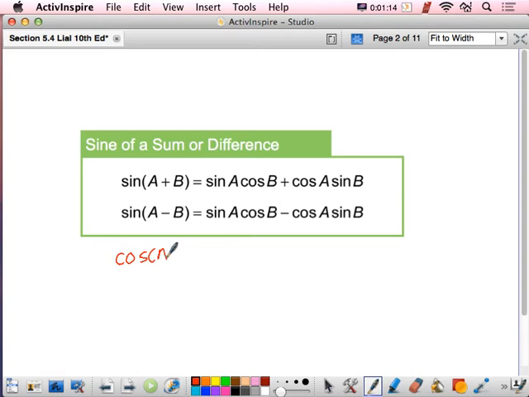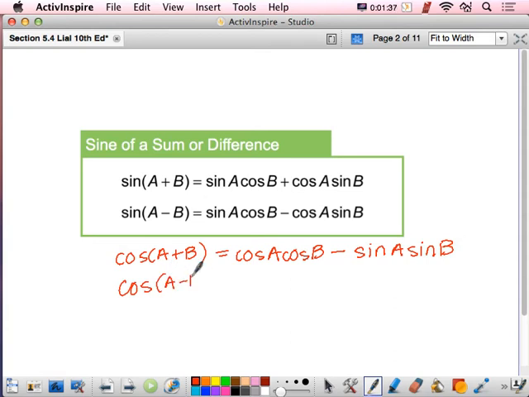Cosine of A plus B had both of the cosines in the first term. And then it had the opposite sign of what you started with, and then it had both of the sines. So make sure you see the difference and that you memorize them correctly.